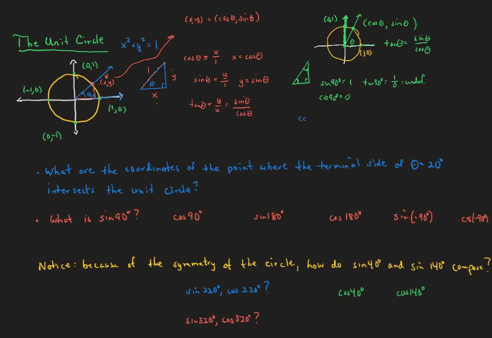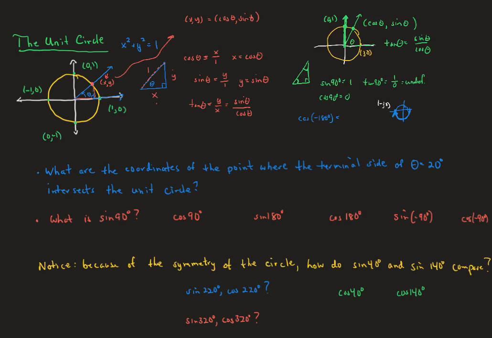Nor could we, in a right triangle, do something like find the cosine of negative 180 degrees. Well, we know how to do that in a unit circle. There's no way you could do that in a triangle. We're going to go 180 degrees in the negative direction. That's clockwise. That's going to take us to this point on the unit circle, where the unit circle is on the x-axis.